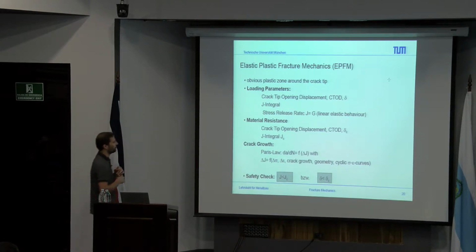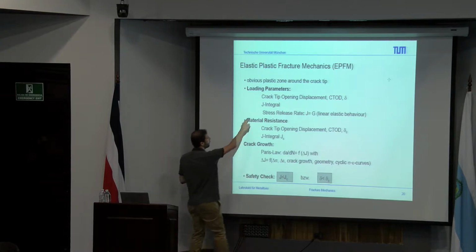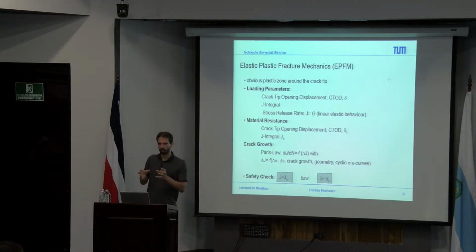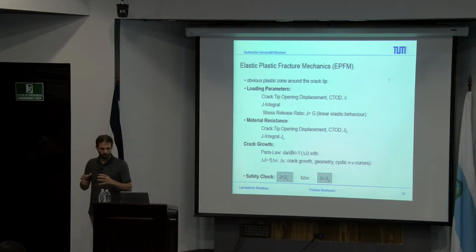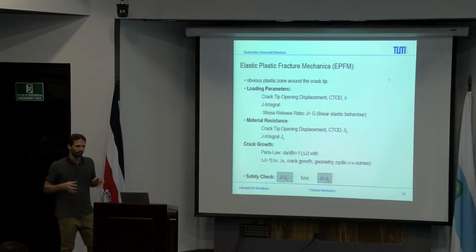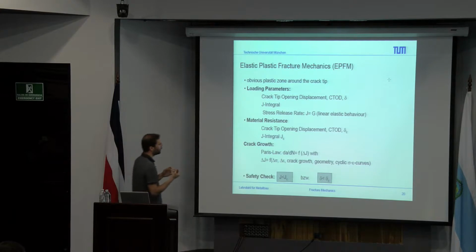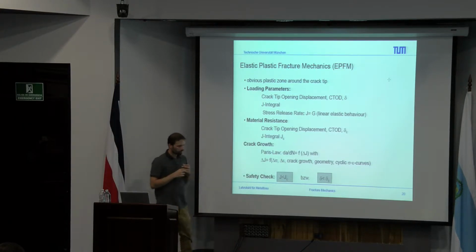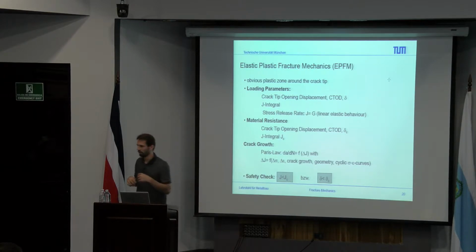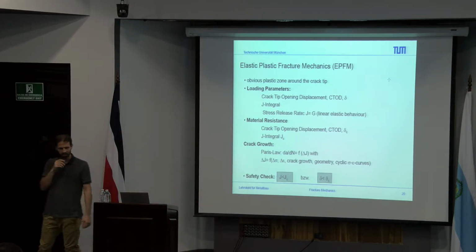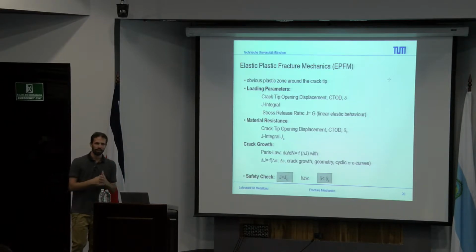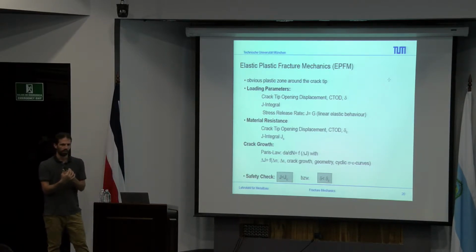So this is basically the information on the geometry, on the displacement of our crack. And with this information, we can recalculate our J integral, and also some stress release rate J, which is at the end, of course, our linear elastic behavior.